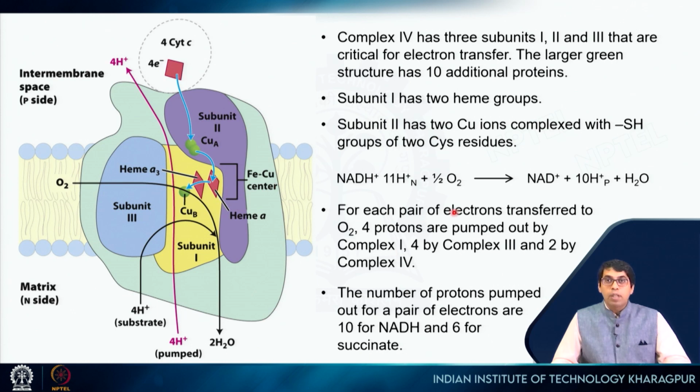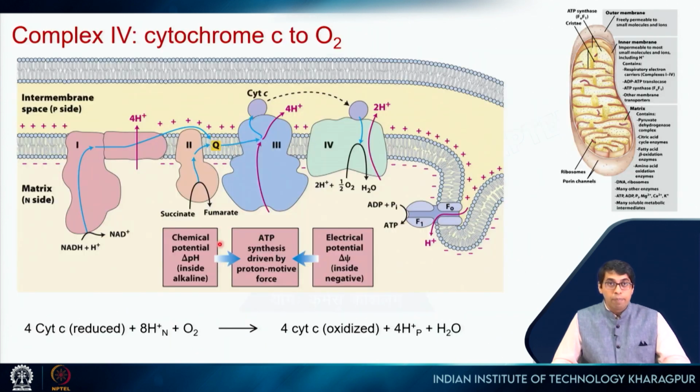For each pair of electrons transferred to the oxygen, 4 protons are pumped out by complex 1, 4 protons are pumped out by complex 3 and 2 protons are pumped out by complex 4. So the electrons are coming from NADH to oxygen, and for each pair of electrons going from NADH to oxygen, a total of 10 protons are pumped out.